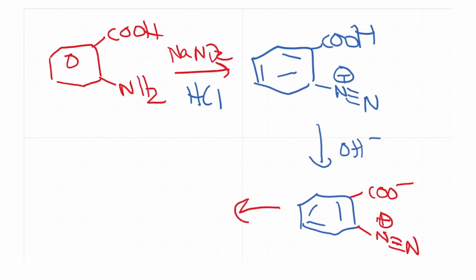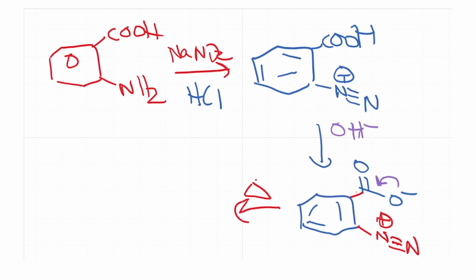Okay, so now when you heat this up to high temperatures, what can happen is that you have a loss of carbon dioxide, C double bond O minus. Okay, so you can have a loss of CO2, and this subsequently can move here and kick out nitrogen gas. So the intermediate that is formed is the benzyne.